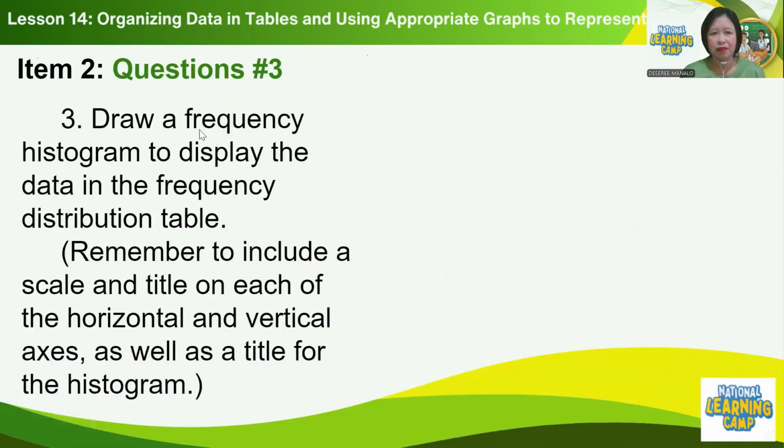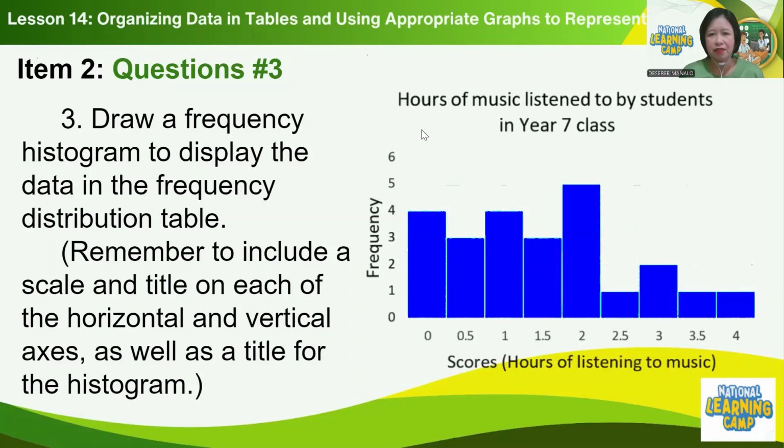For question number 3, draw a frequency histogram to display the data in the frequency distribution table. Remember to include a scale and title on each of the horizontal and vertical axes as well as a title for the histogram. So here is the histogram.